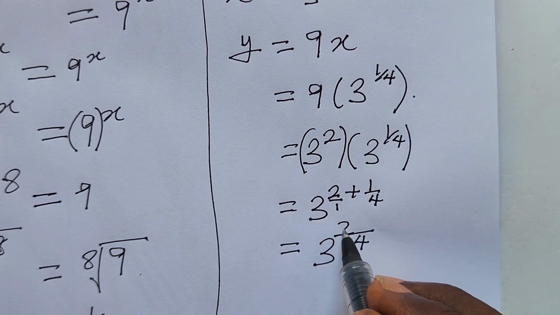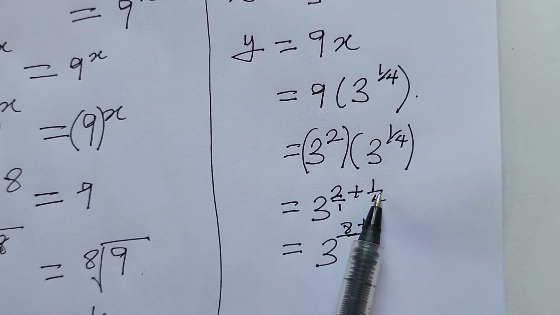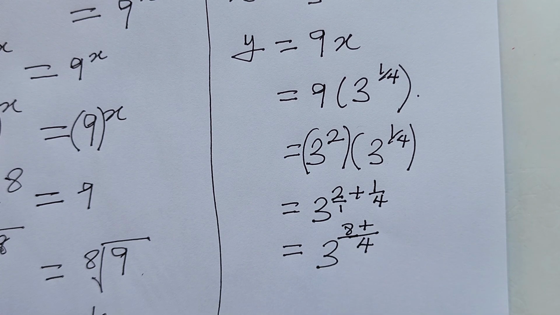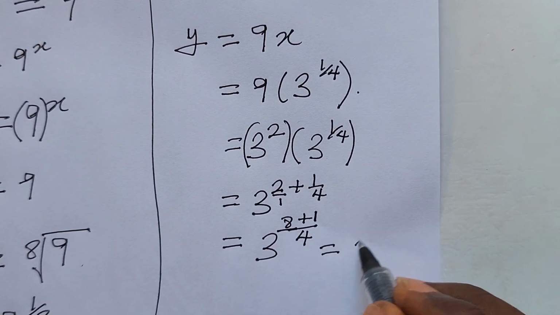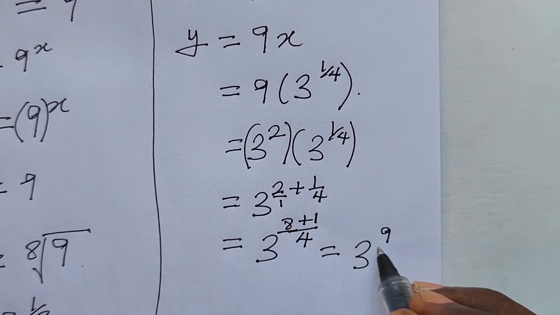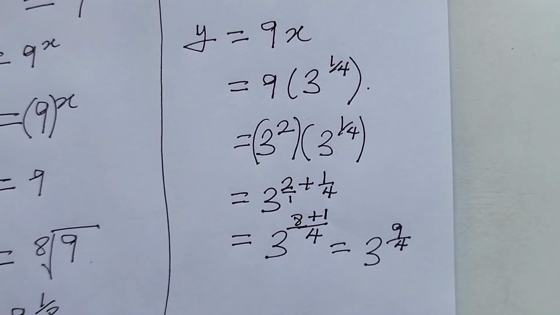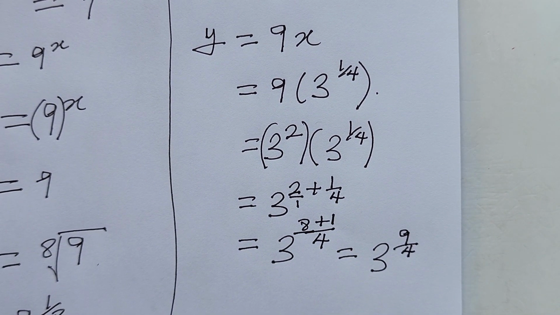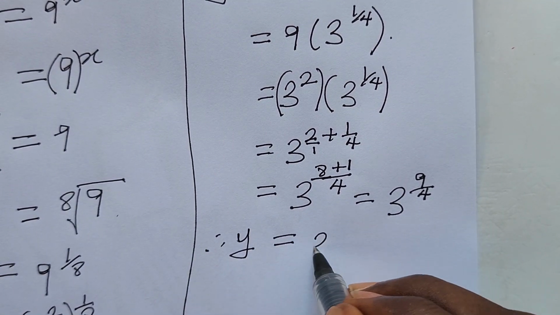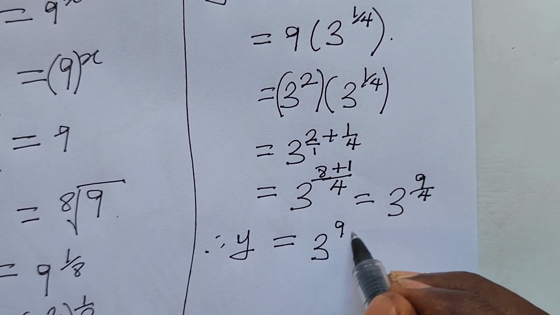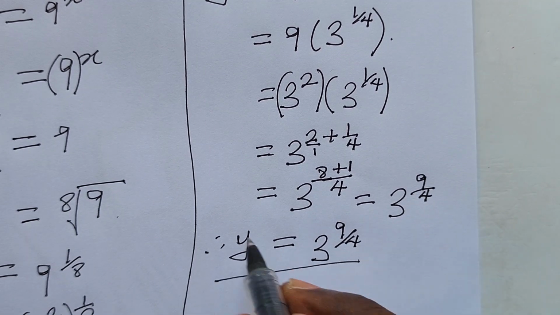So here we're going to have 8. Then plus 4 divided by 4 will give us 1. 1 times 1 will give us 1. So we have the whole of this to be 3 to the power of 9 all over 4. We now have our y is equal to 3 to the power of 9 all over 4.